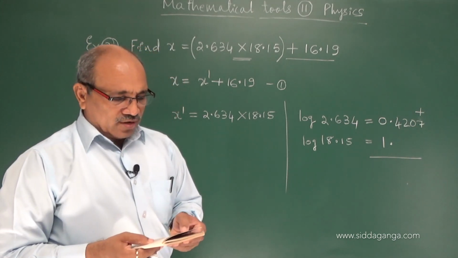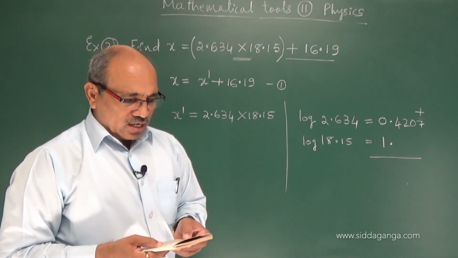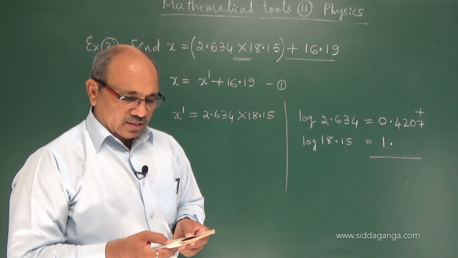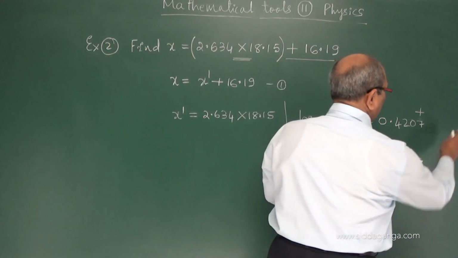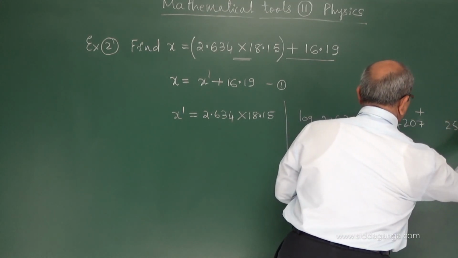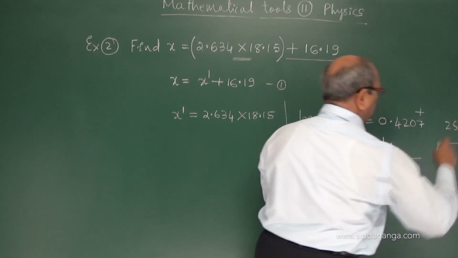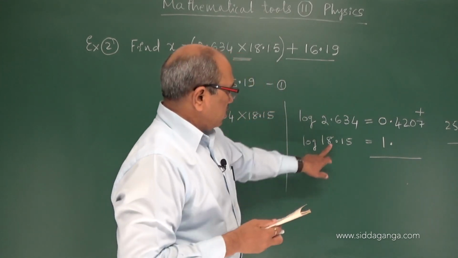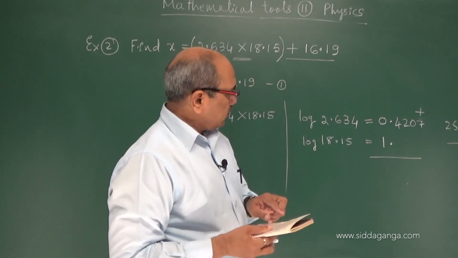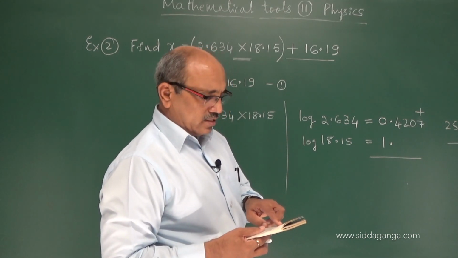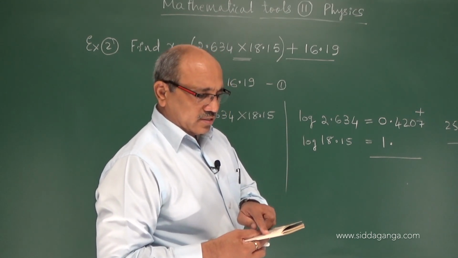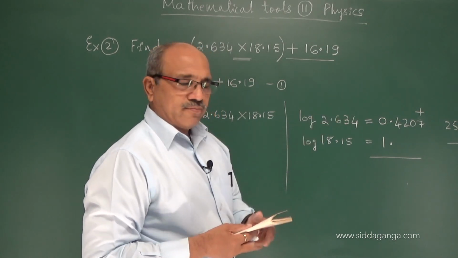Similarly 1815. In 18, go to the 1. In 18, 1, we have 2577, and for the mean difference of 5, you have 12.